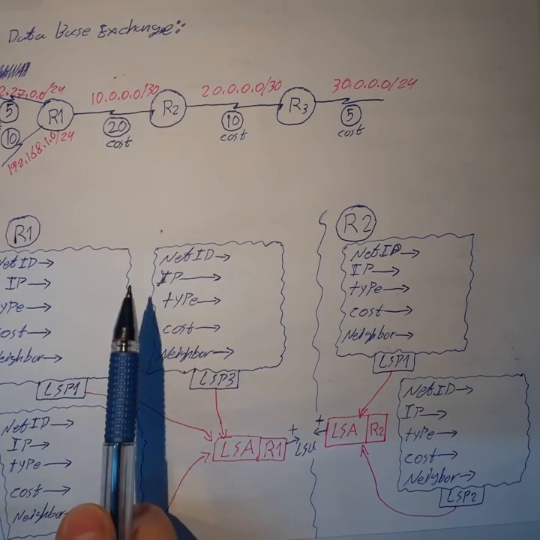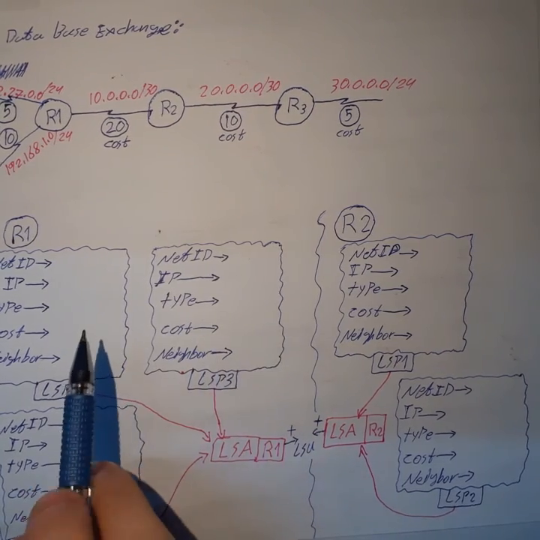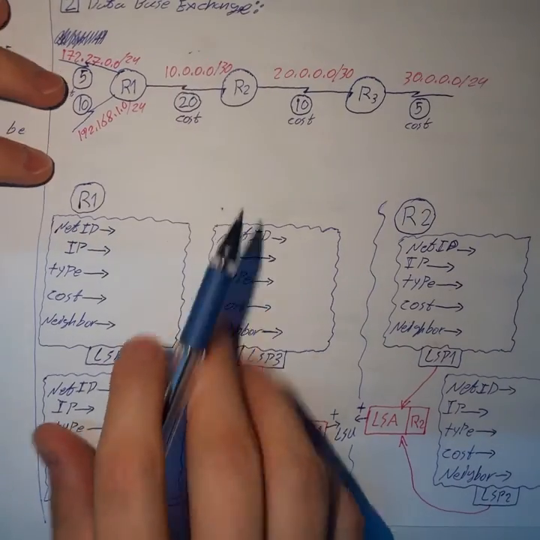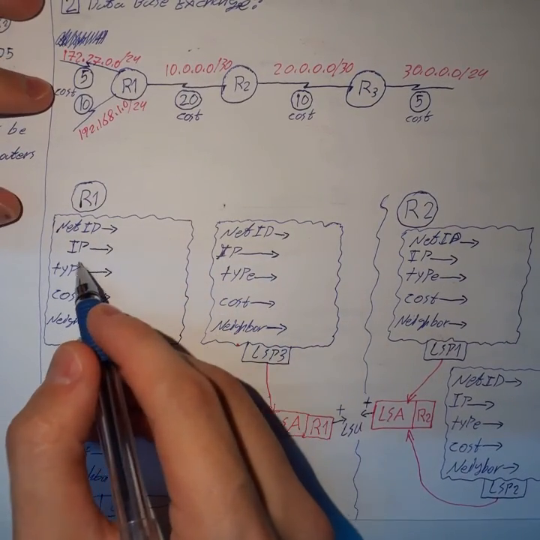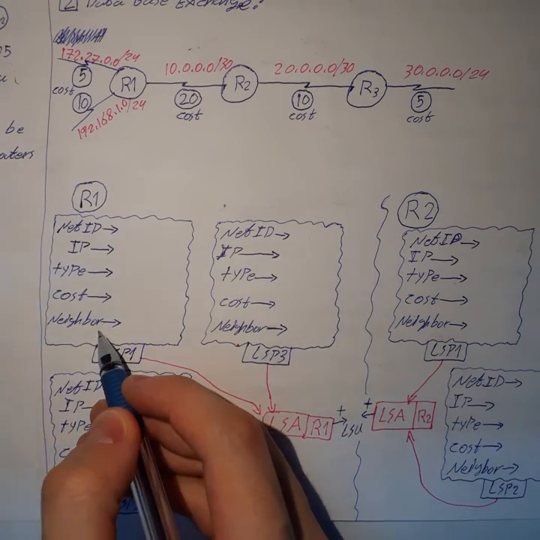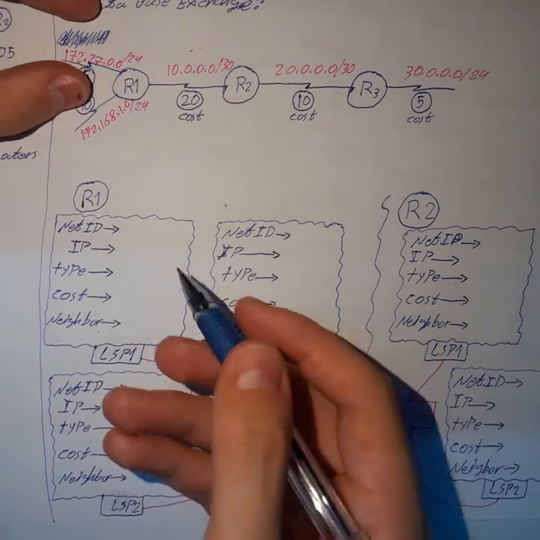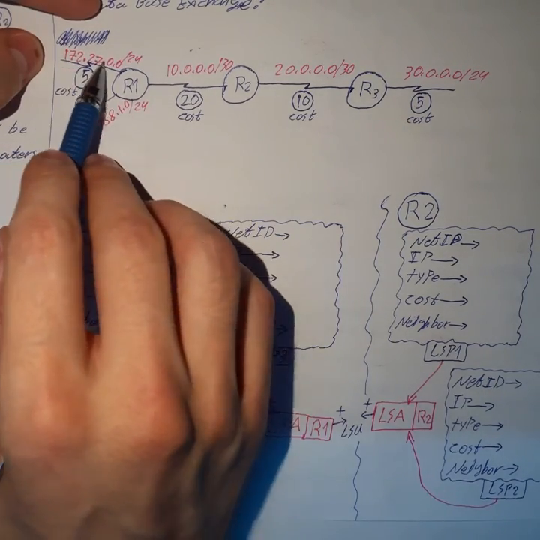Now, what is an LSP? What information does it have in it? It has the network ID, the IP, the type, the cost, and the neighbor. For the network ID, let's say we will start with this one.